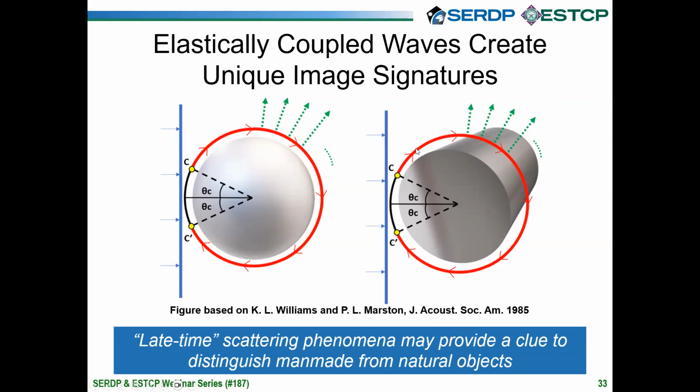As this wave is propagating around the object, it's re-radiating back into the water. So as this wave propagates around, it will come back around to a position where it re-radiates sound later in time, at some offset in time, that is then received by our sonar system.